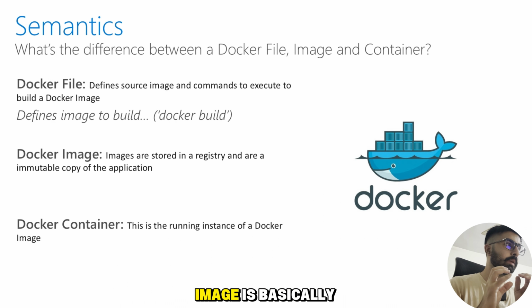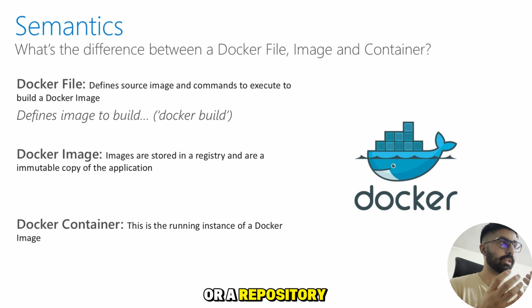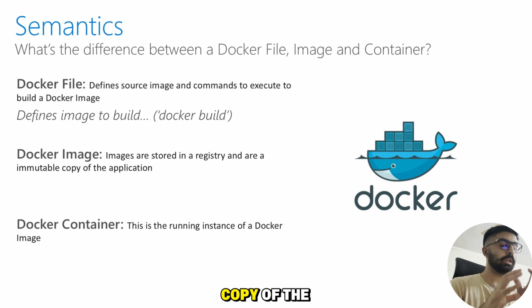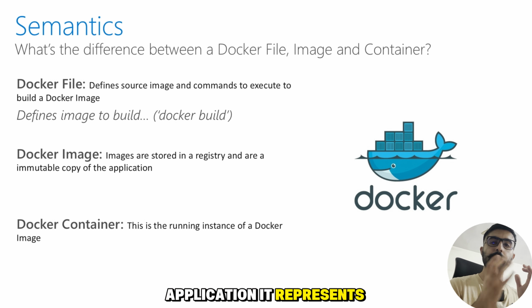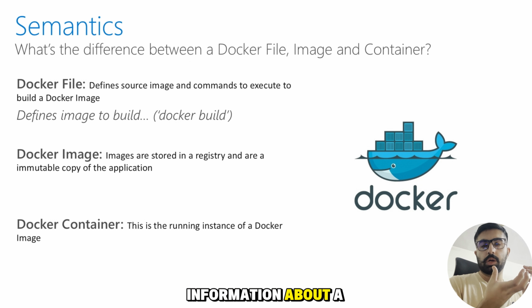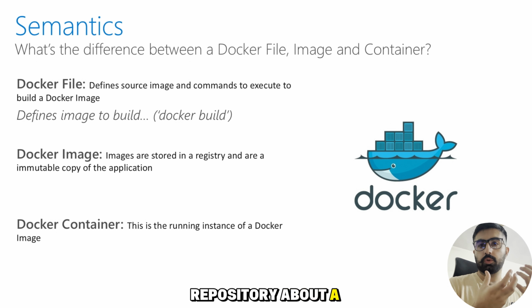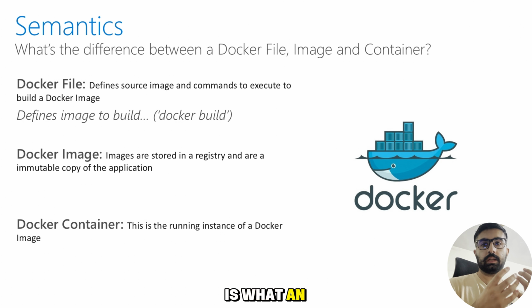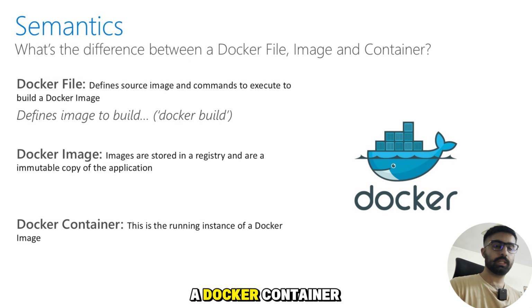A Docker image is stored in a registry or a repository and is an immutable copy of the application. It represents the basic information about a repository, about the source code. That is what an image is. Then we have a Docker container, and inside this running container you have a Docker image.